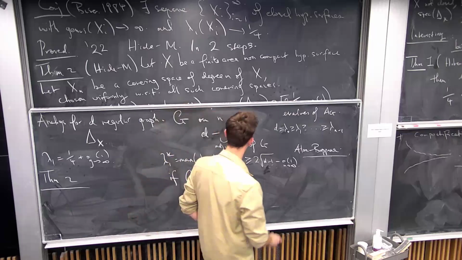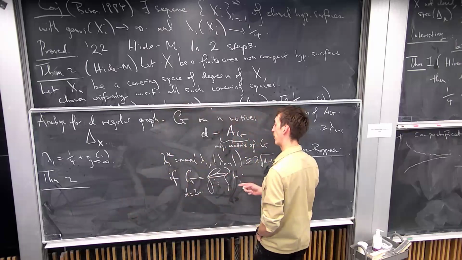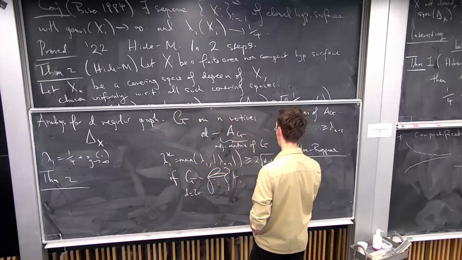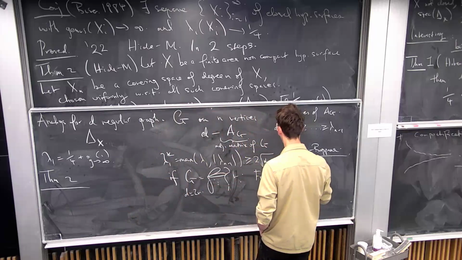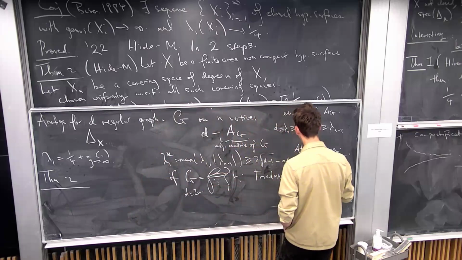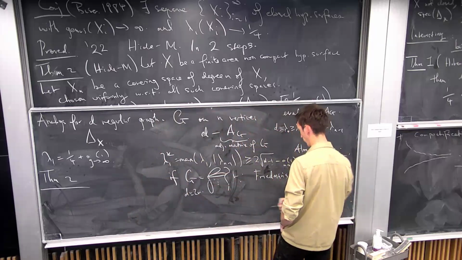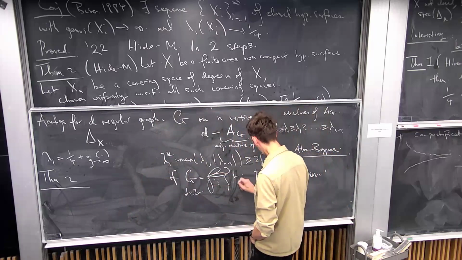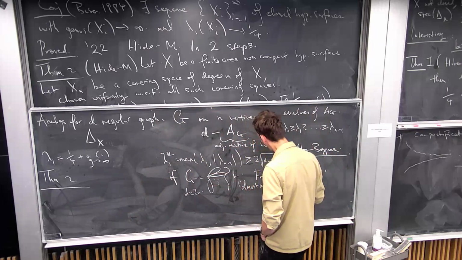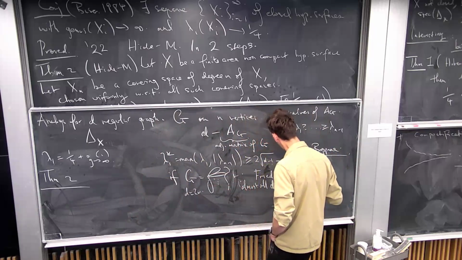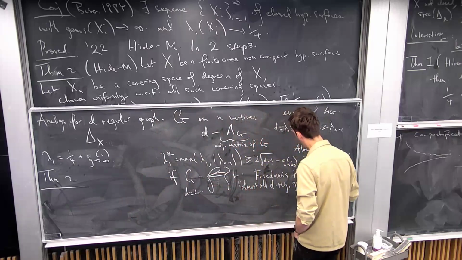Then the analog of theorem 2 in this case is quite a famous theorem called Friedman's theorem, which we're going to spend some time on in a second. Friedman's theorem says, in informal language, almost all d-regular graphs have almost optimal spectral gaps.